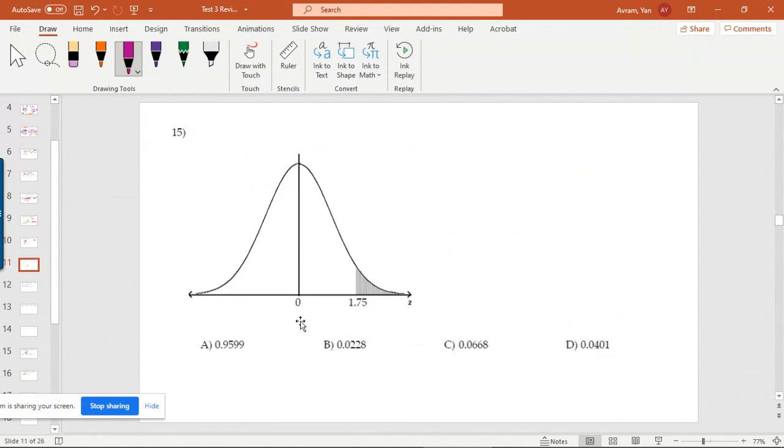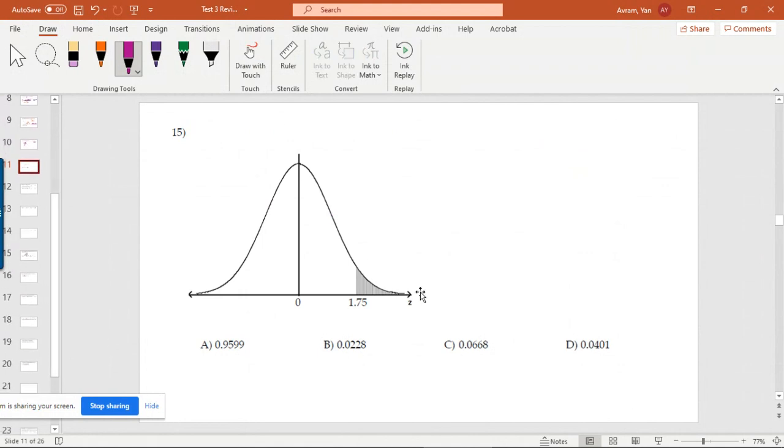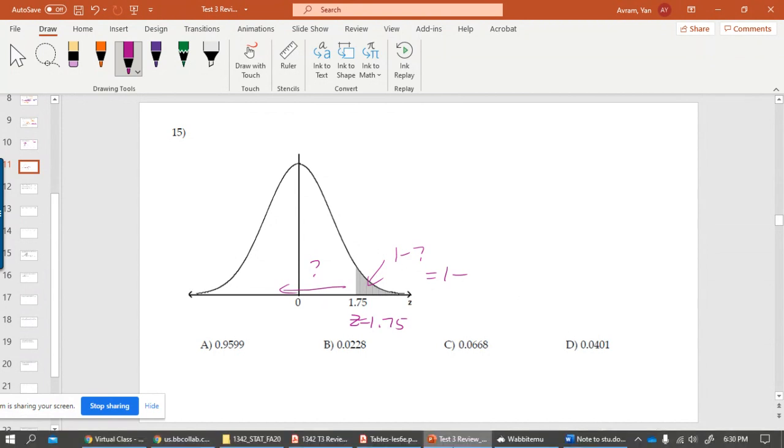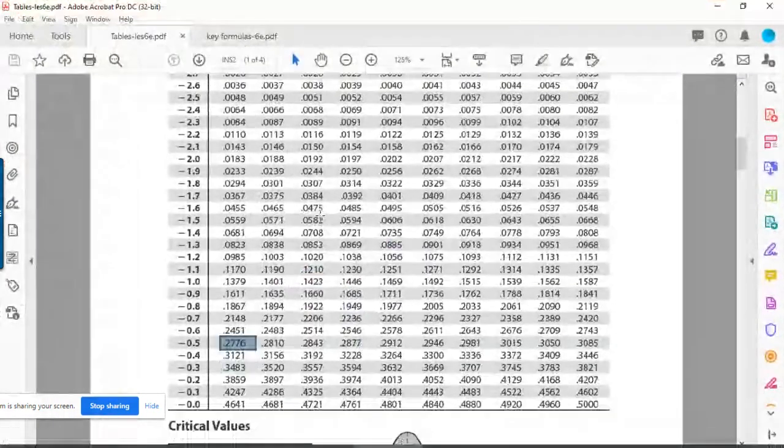Okay, this one is also reading the table, but it's the area to the right. So we said earlier, when you have an area to the right, we use 1 minus the area to the left. So 1 minus, this is the z-score. Remember, z equal to 1.75.